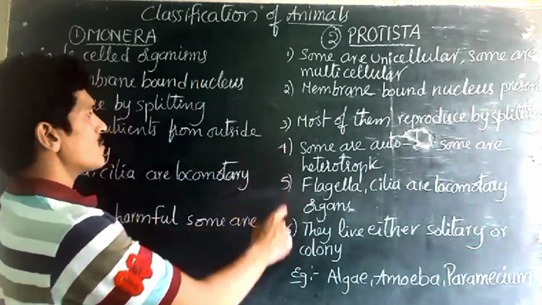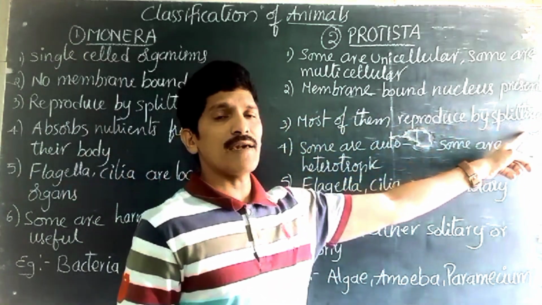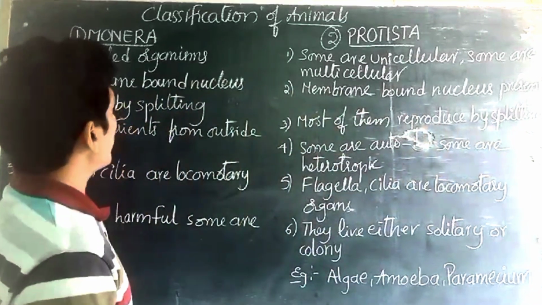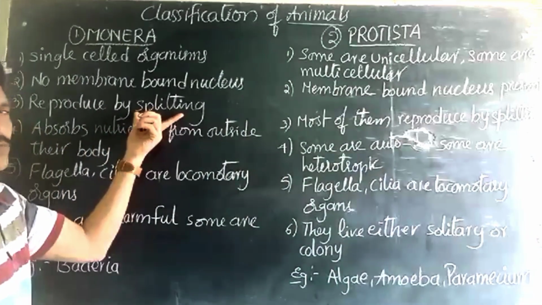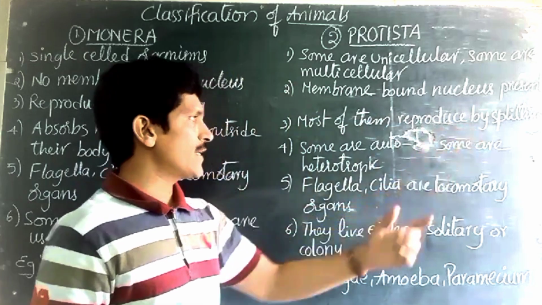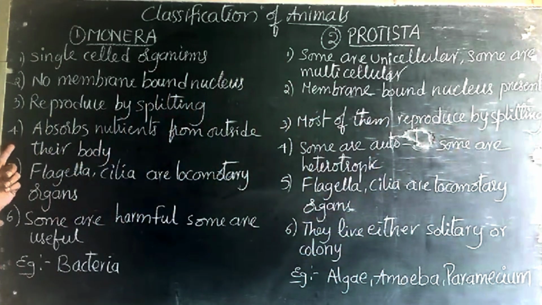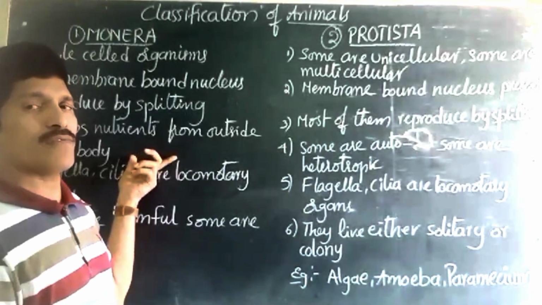Here most of these organisms reproduce by the splitting method, just like the Monera organisms. Monera organisms also reproduce by splitting, and Protista organisms also reproduce by splitting. These organisms absorb nutrients from other organisms because they cannot prepare food.